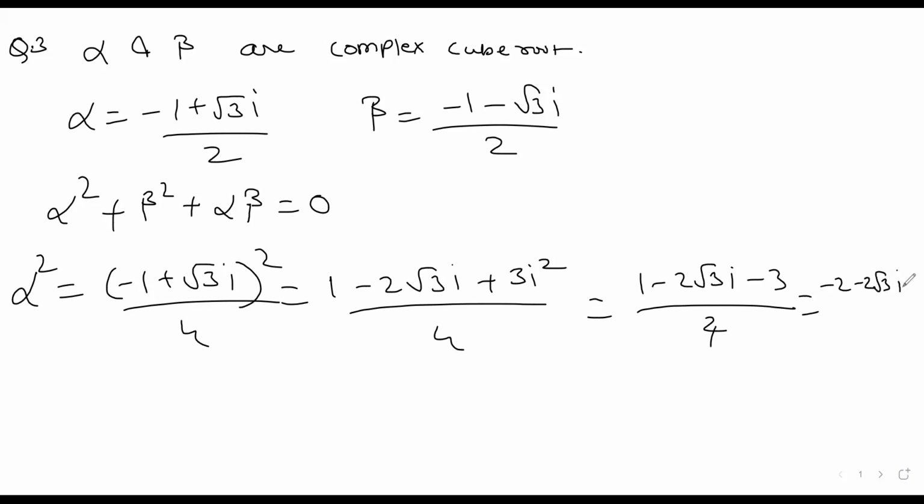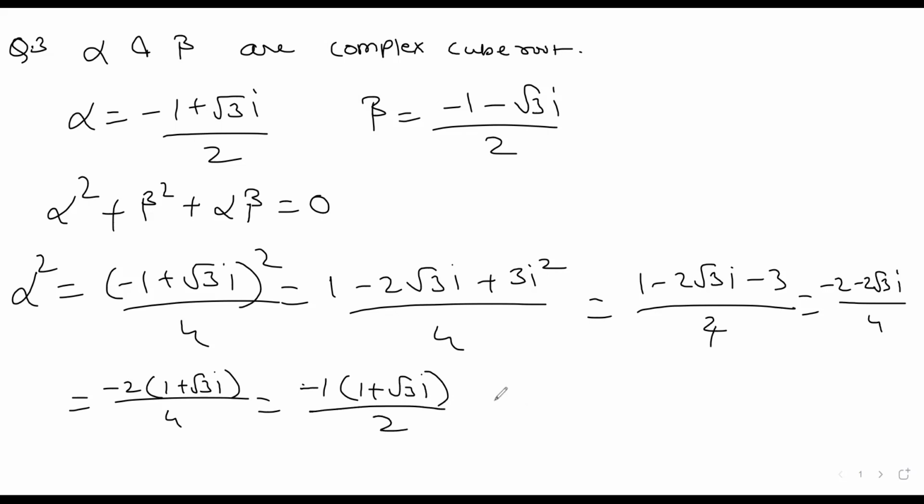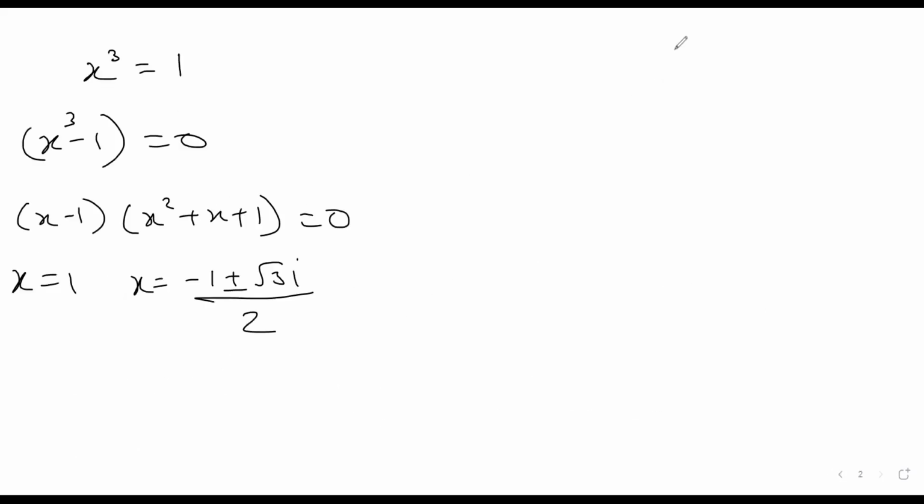Minus 2 root 3i upon 4, this will become minus 2 (1 plus root 3i) upon 4. So this will become minus 1, 1 plus root 3i upon 2. Answer is minus 1 minus root 3i upon 2. Actually, we can say that alpha square is equal to beta from this.